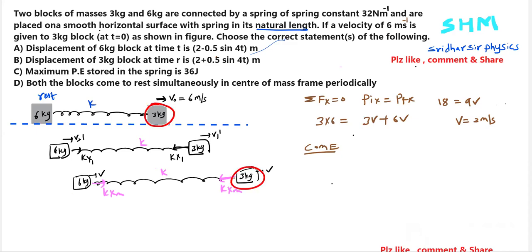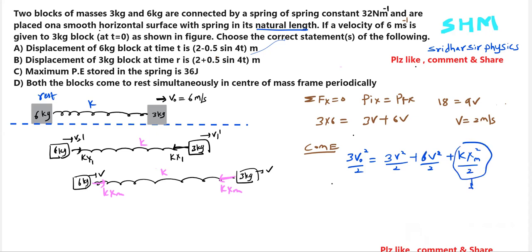Finally, kinetic energy of the blocks and elastic potential energy of the spring. So 3v0 square by 2 equals 3v square by 2 plus 6v square by 2 plus k xm square by 2. This is the maximum potential energy.